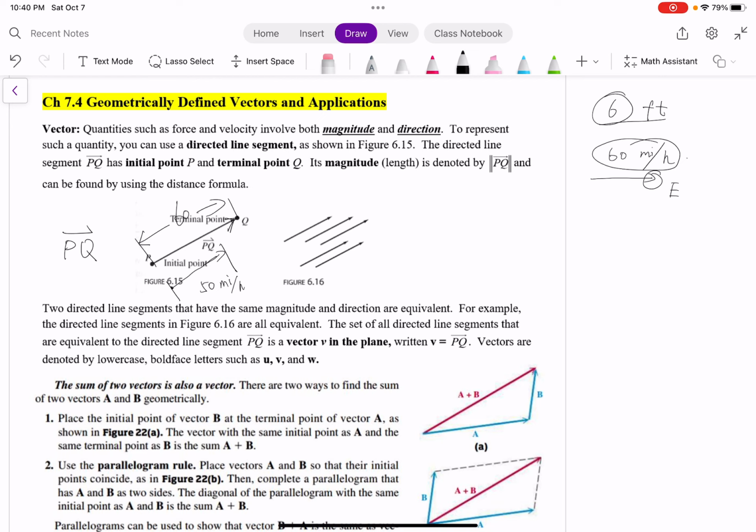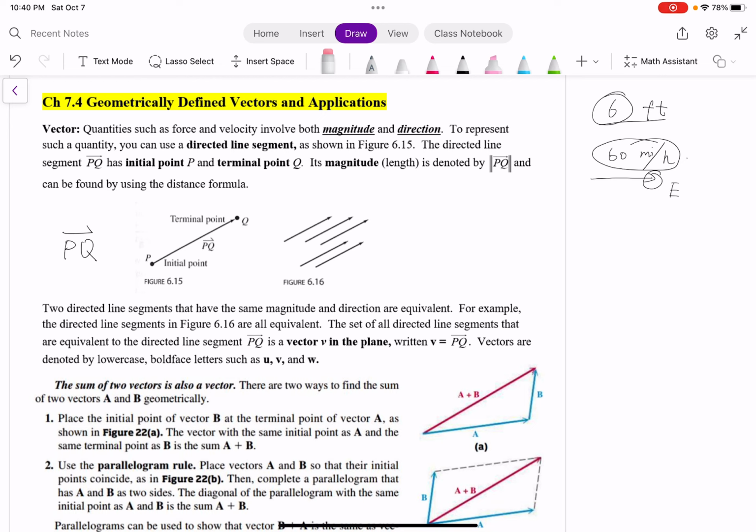And the vector, you can move the vector in 3-dimensional, 2-dimensional space. But you must move it parallelly. You cannot make a U-turn or change the direction. So let's see the figure 6.16.